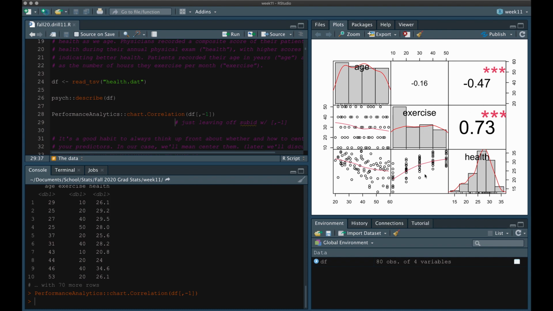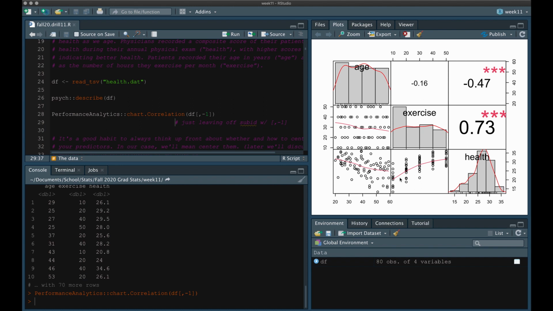Then on the bottom off diagonals, we have all of our bivariate distributions, or scatter plots. So when we look at age and exercise, we can see that exercise decreases a little bit with age. Same thing with health. Health decreases a little bit with age.